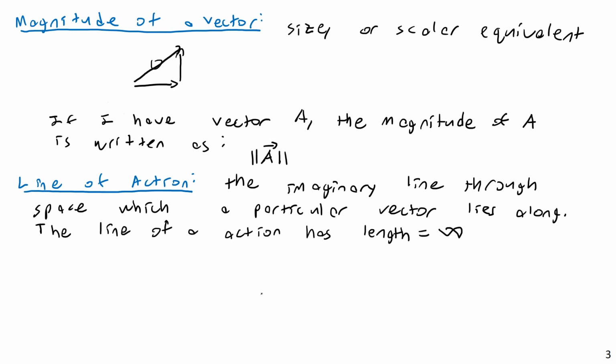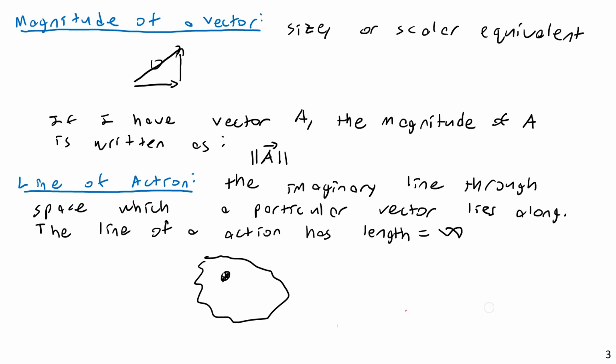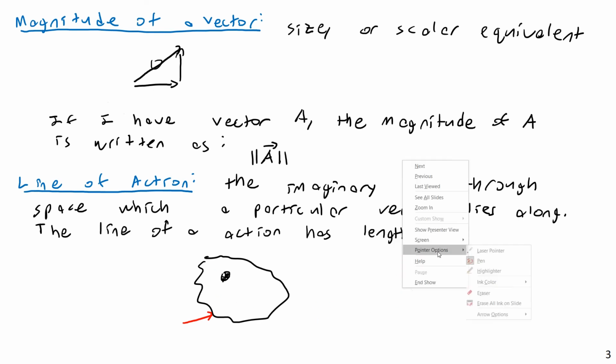And the reason this is important is that consider, for example, a rigid body. Maybe a center of mass here. What happens if I apply a force to its surface? Let's say I apply a force to its edge here. This would be like a planar rigid body, a pancake or something like that.